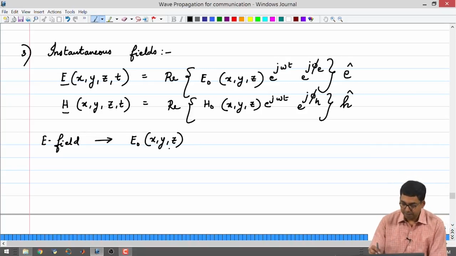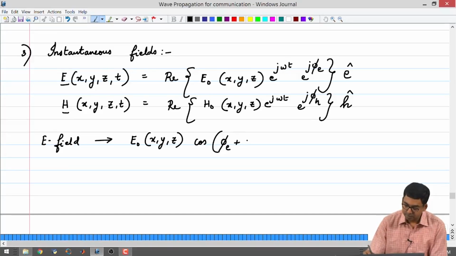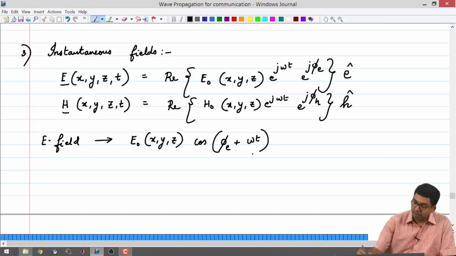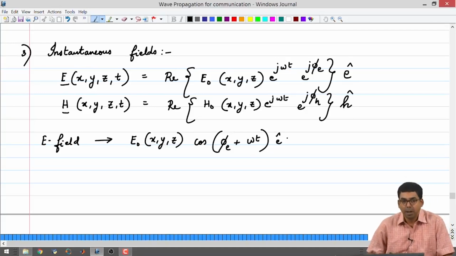Since we are taking the real part, we can directly go ahead and say that it looks like a cosine, phi e plus omega t is the net phase or the total phase, and it points in the direction E hat. One could always orient the coordinate axis in such a way that E hat is pointing to one of the Cartesian coordinates, say x, y or z depending upon the problem.